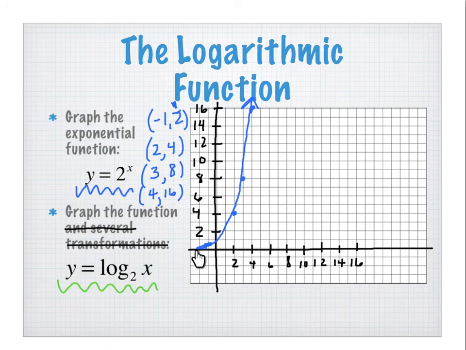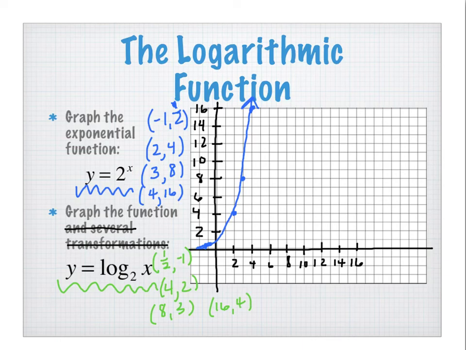Now we're going to reverse all those ordered pairs. So 1/2 for x would be negative 1 for y. 4 for x would be 2 for y. 8 for x would be 3 for y. And finally 16 for x would be 4 for y.